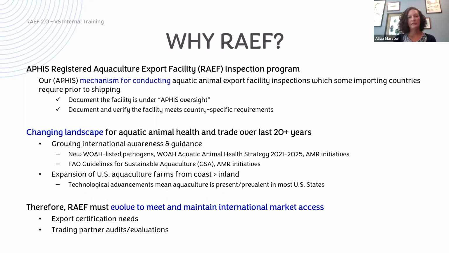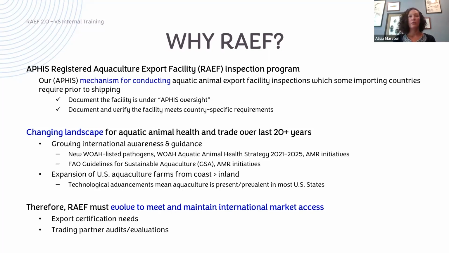There have been a lot of changes to the landscape for aquatic animal health and trade over the last 20 years, and so some of the things that I jotted down here are, we've seen changes in just the growing international awareness and guidance that's out there for aquatic animal health. For example, just in the last couple of years, we've seen new WOA-listed pathogens added.